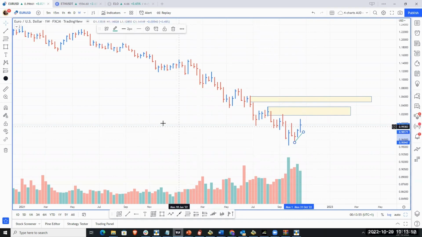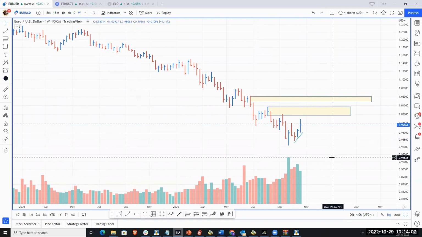If the US is going to be weaker against the euro, it doesn't mean that the US dollar is actually weaker, but it means that the euro is getting stronger. So let's see how the market plays. But because of this closing in the middle, it's giving us some kind of indication that market may try to come a little bit bearish to start with, but then after that, I'm expecting market to push in this zone.